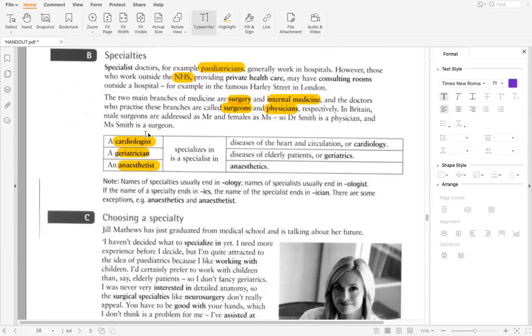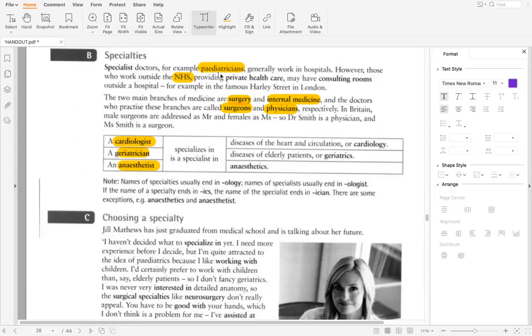Specialities. Specialist doctors, for example, pediatricians. If you remember, in the first lecture, we have taken pedia or pedio means child. So pediatrician means what? Doctor who treats the diseases of children.